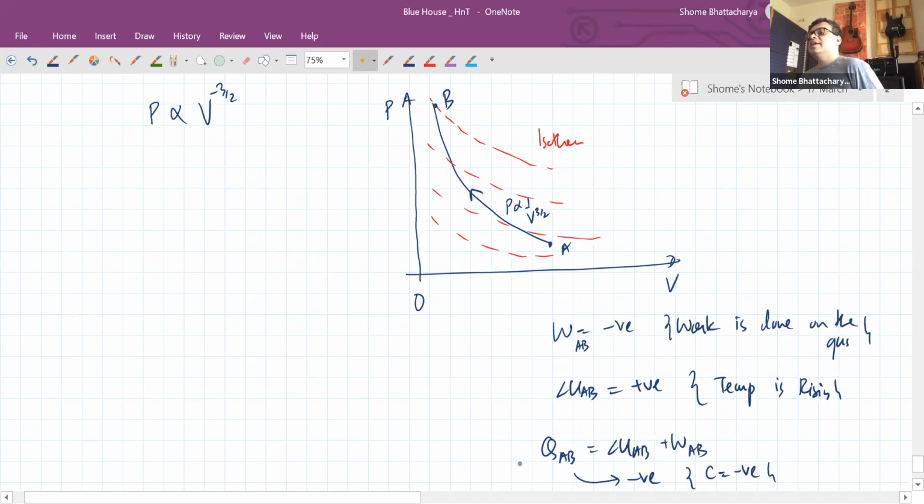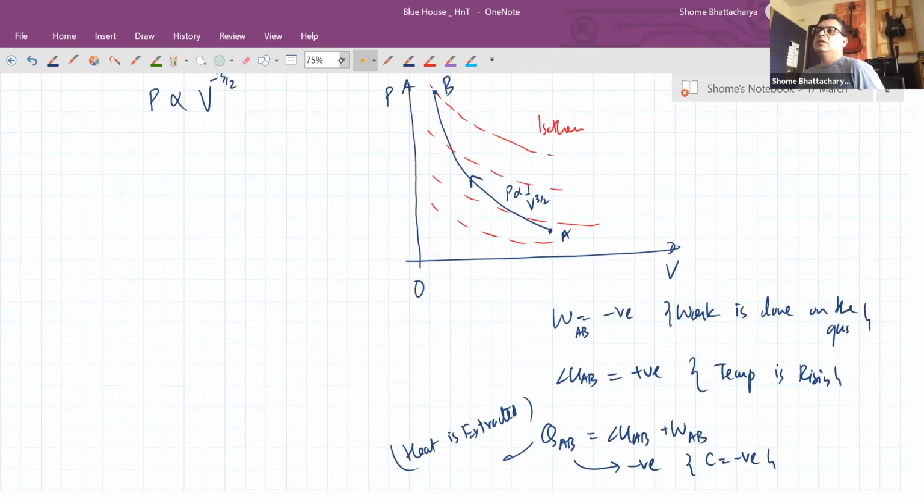That means heat is extracted from the gas. So basically the internal energy is increasing by such a large amount that heat is extracted from the gas and work is done on the gas.